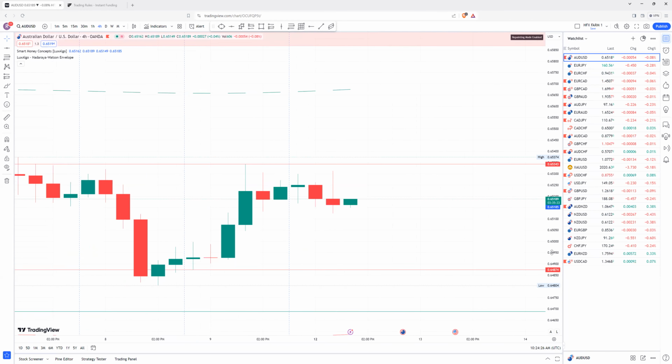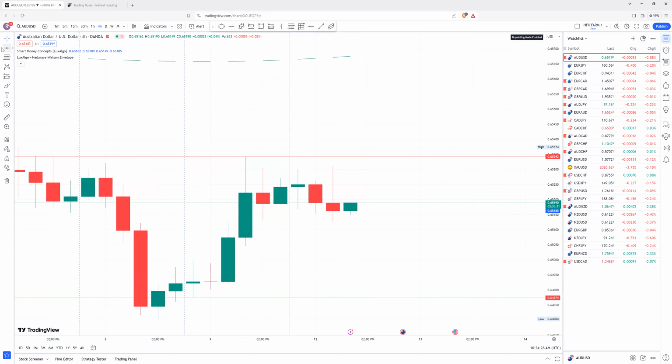There are two ways. One, you would either mark just the previous one, which is here and here, which is the high and the low.